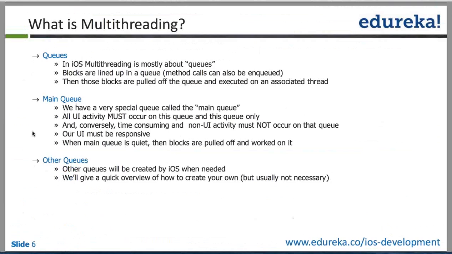Here we have a most important queue that is called the main queue. This main queue should do only UI stuff. Whatever the user is inputting, it should handle only those events. And whatever you want to process should be done on other queues.